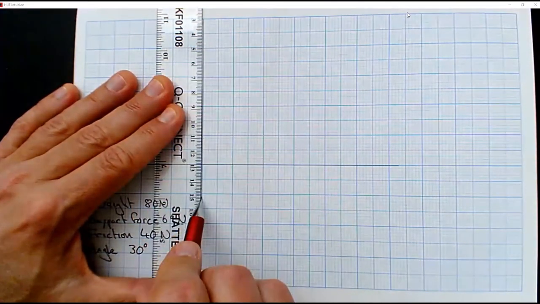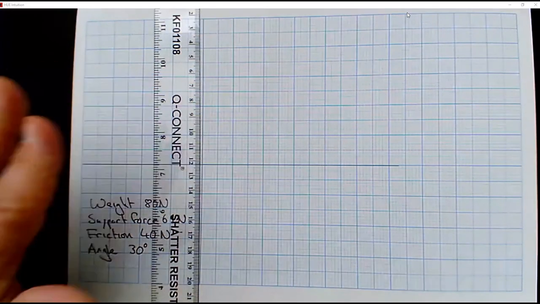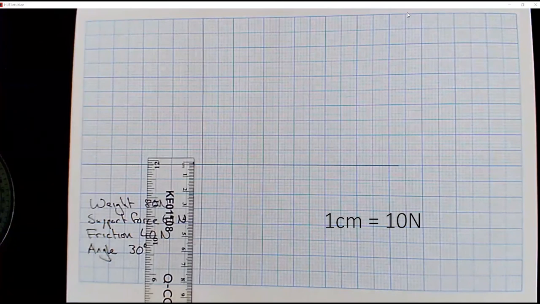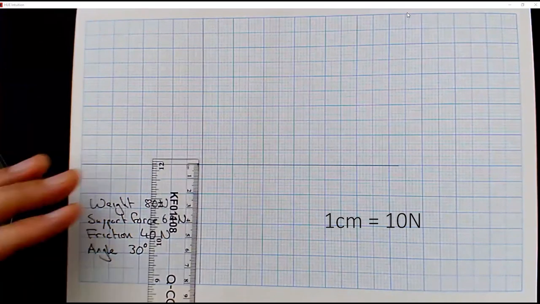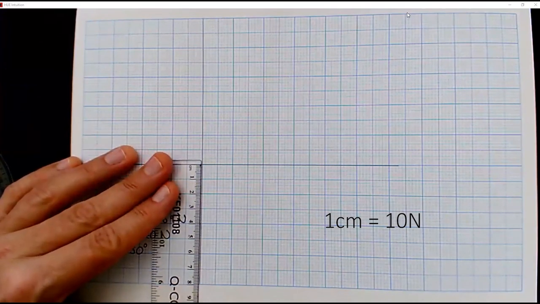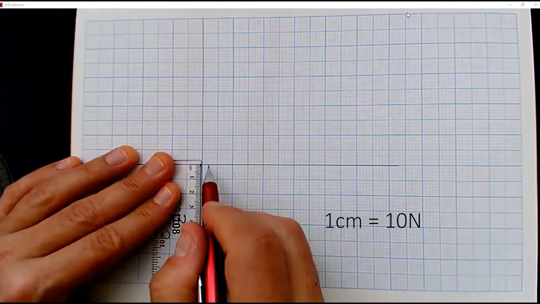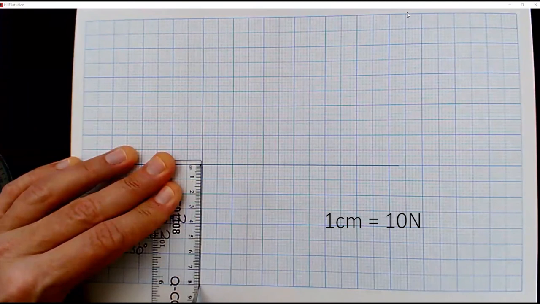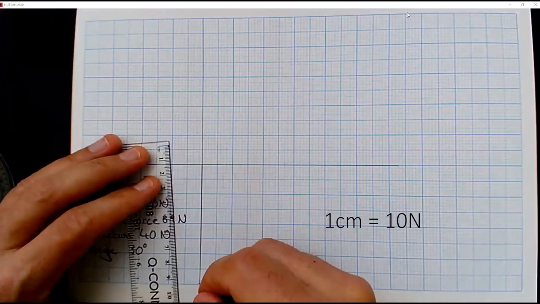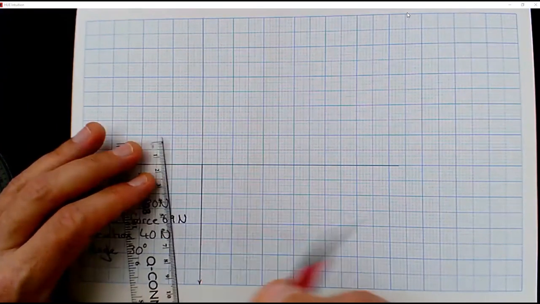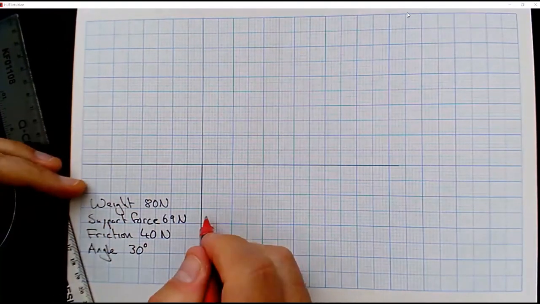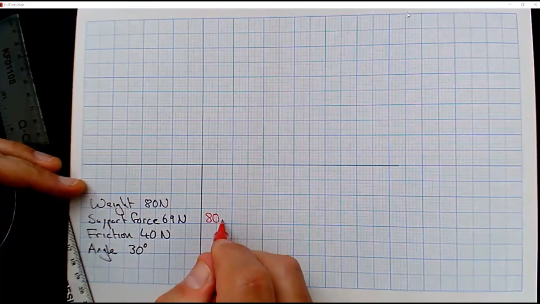So the first one I'm going to draw in is the 80 Newton, the weight, and I'm using a scale of 1 millimeter to 1 Newton. So my 80 Newton fits in nicely on that axis, and I will draw an arrow at the bottom of it to denote the end, and I'll mark that up in pen to say 80 Newton.